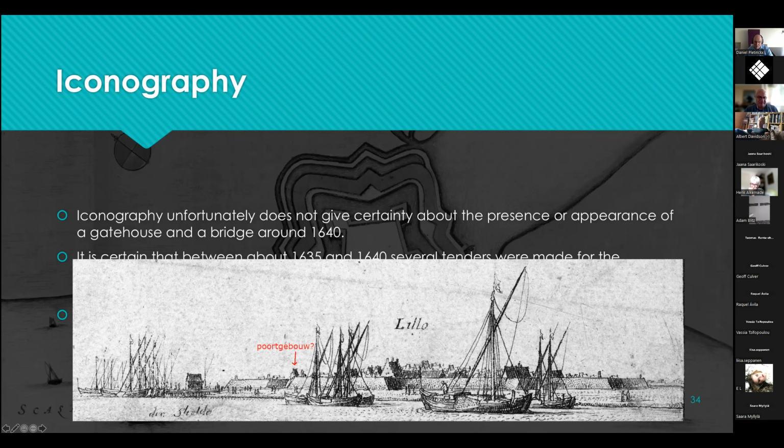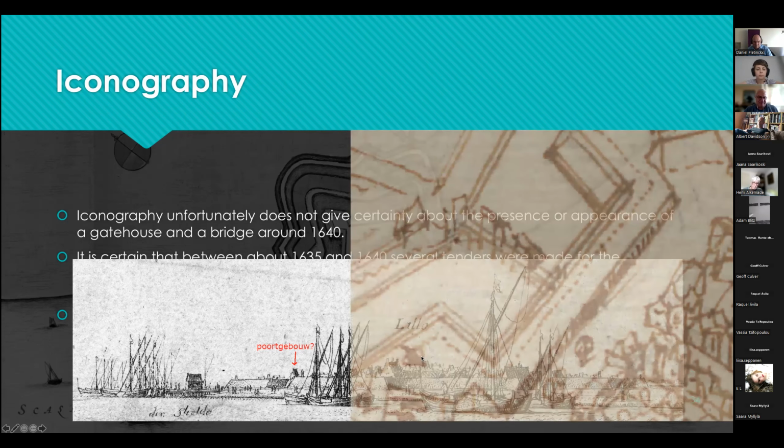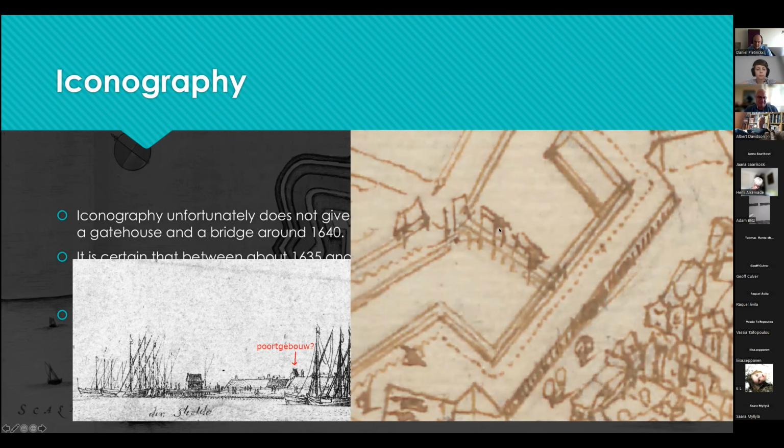But this is one of the 7 drawings that we have, of how Lillo looked from ground level, to give you an idea of how houses look. But of course, we have these detailed maps. And by the way, to do these kinds of projects, what you need are very high resolution scans.